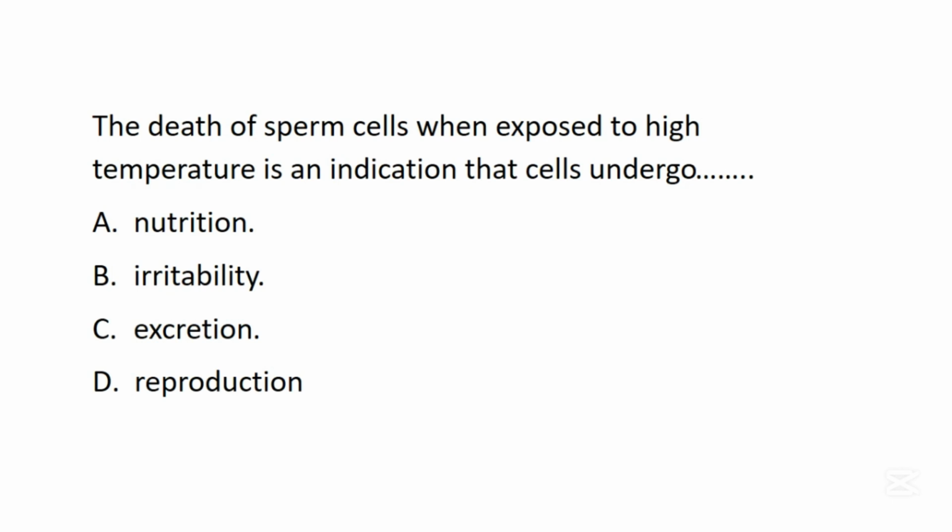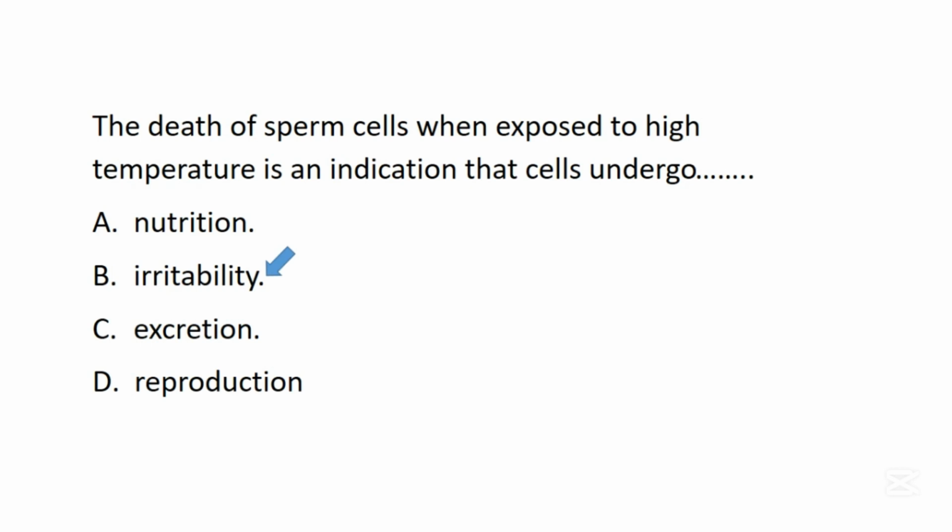The next question says, the death of sperm cells when exposed to high temperature is an indication that cells undergo dash. A. Nutrition. B. Irritability. C. Excretion. D. Reproduction. In this question, the correct answer is B. Irritability.